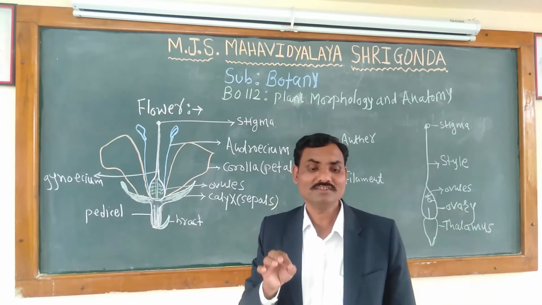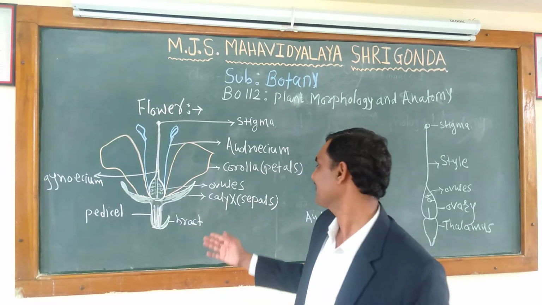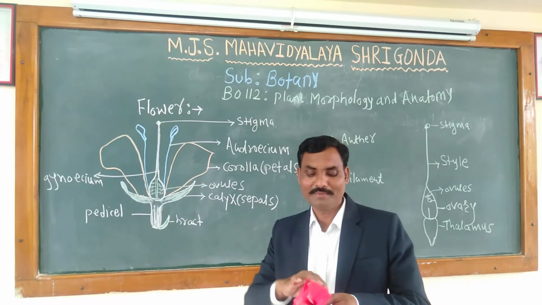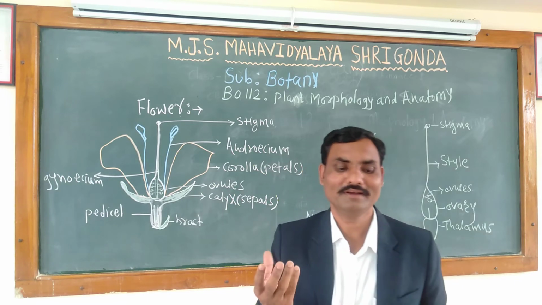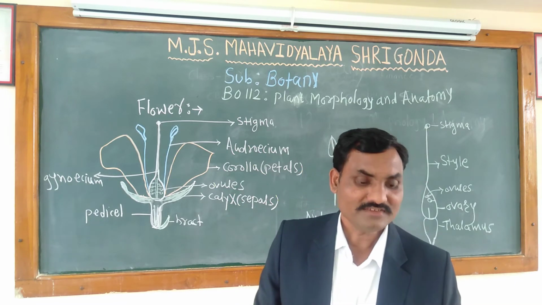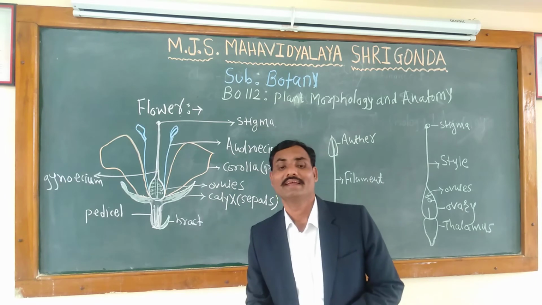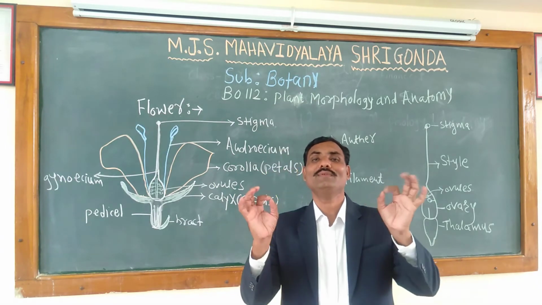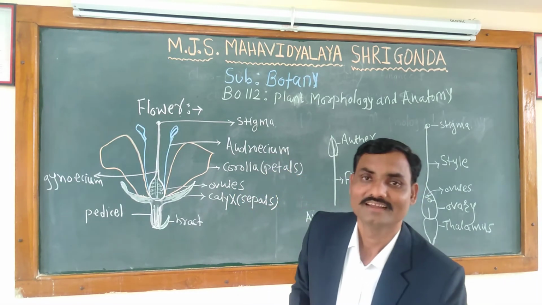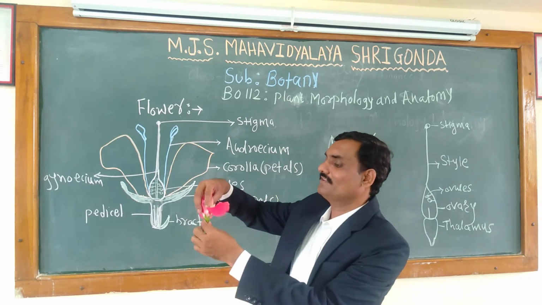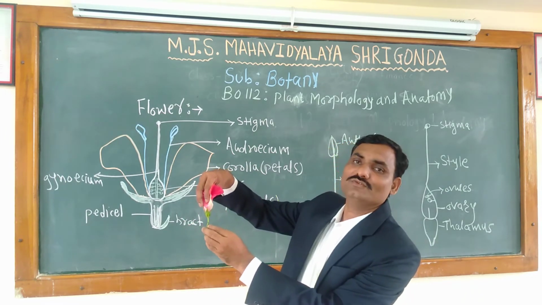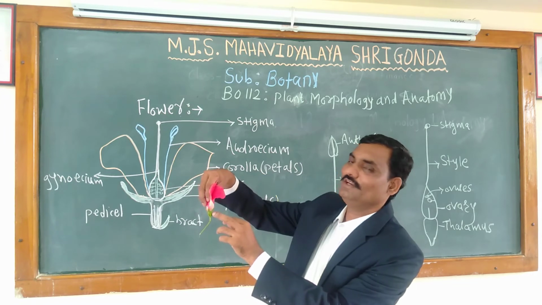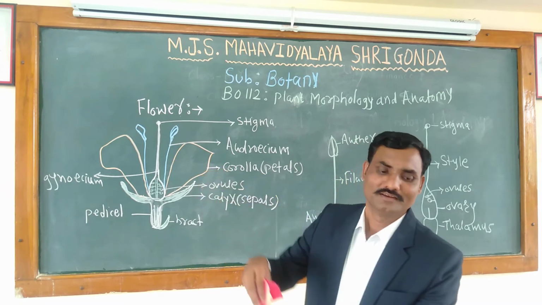Then sepals together form a calyx. If there are many sepals, they come together and form a calyx. The sepals are usually green and leaf-like. You see the color of this calyx. See, students, very carefully, the color of this calyx.